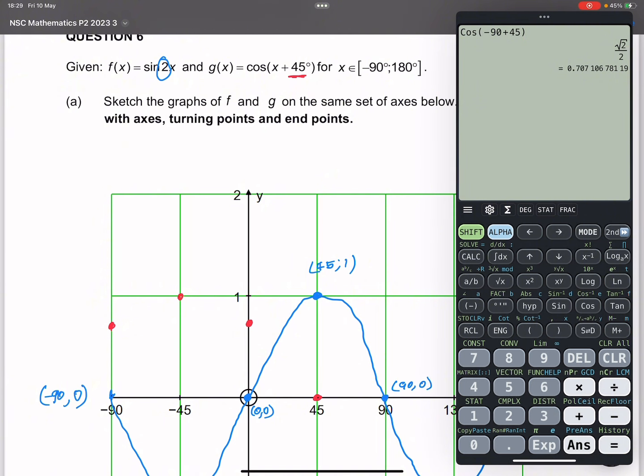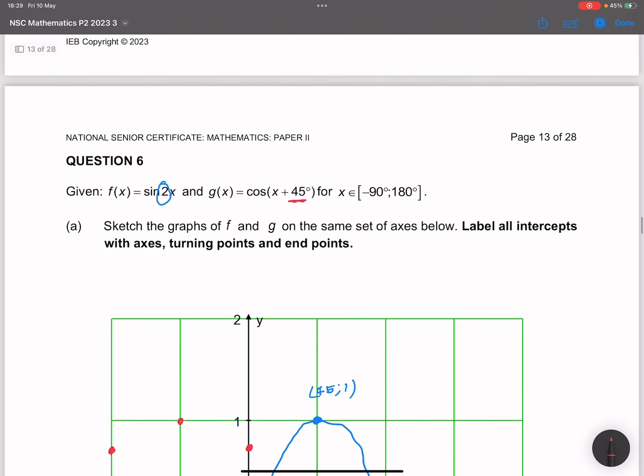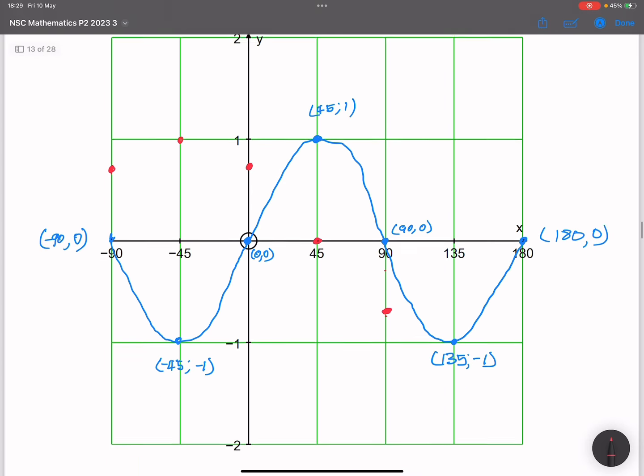And note in this case, at 90, so what's 90 plus 45? That's negative 0.70. So in this case at 90, we're going to have negative 0.707. So let's say somewhere there. And at 135, this would be cos of 180, so that would be minus 1.